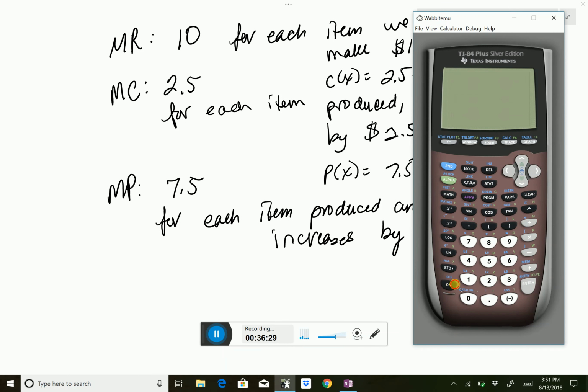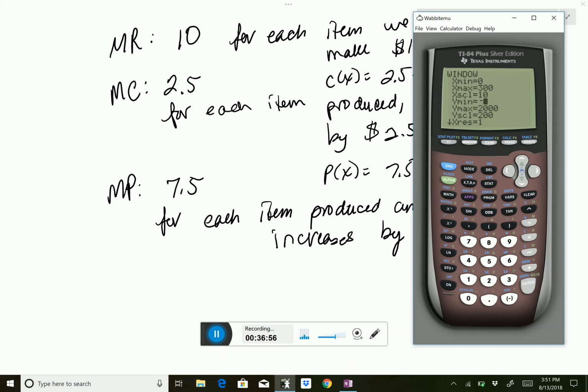Now, one thing I did want to show you: profit, cost and revenue can't be below zero in terms of X. But let's say that I was just wanting to look at the profit function. When I look at window, and this is something important I want to talk about, you can actually have your Y-min go below zero because you can make negative profit.